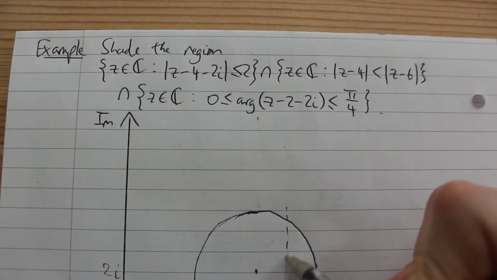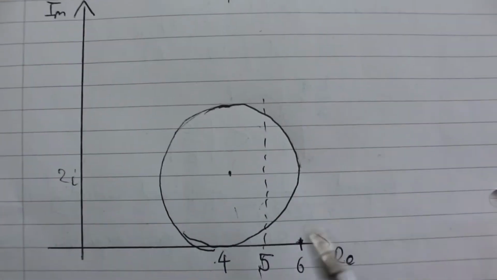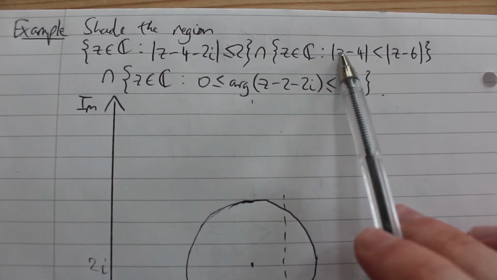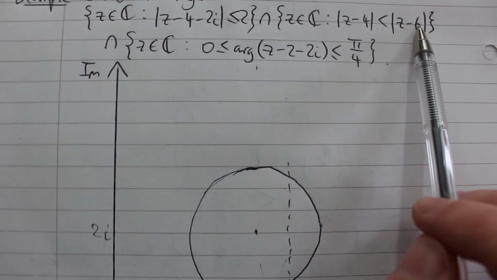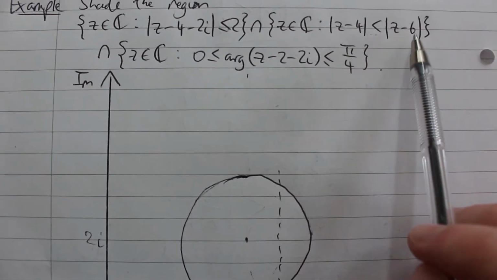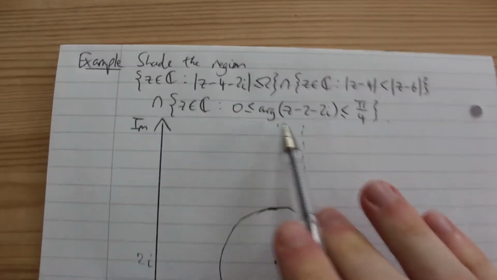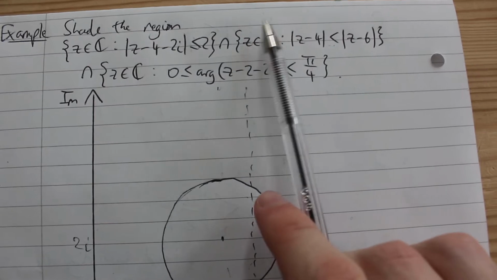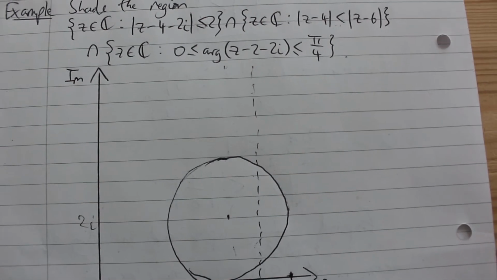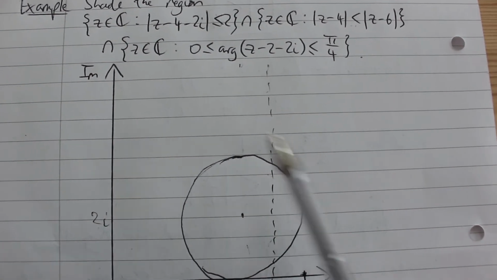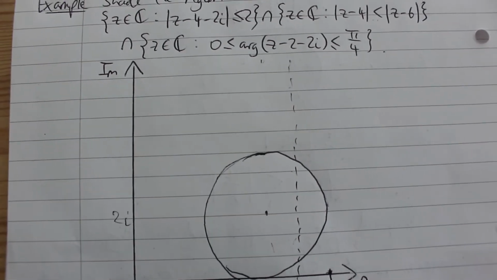If we draw the perpendicular bisector, it goes through 5, and it's dashed because it's a strict inequality. The distance of z from 4 is less than the distance of z from 6, so z is closer to 4 than it is to 6. So for this inequality, we would shade this side of this line. I can extend the line a bit more. Everything to the left of this line is this second set. So the intersection of these two sets is everything inside the circle or on the boundary of the circle to the left of this line.